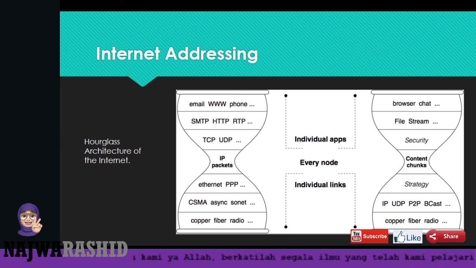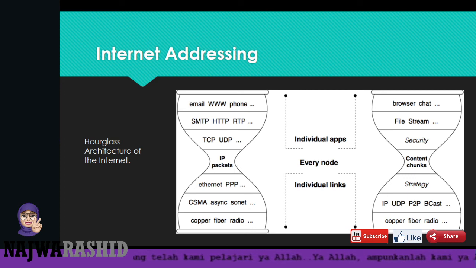So the top of the hourglass tries to explain the application part and transport part, and then this bottom part is more on the physical and link layers. So at the middle we have the IP packet.